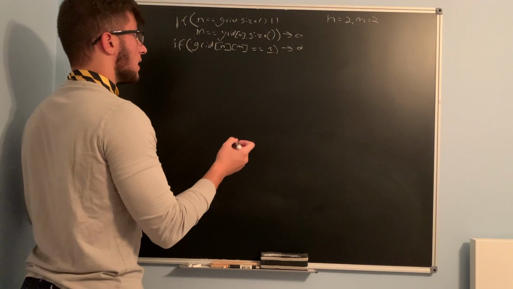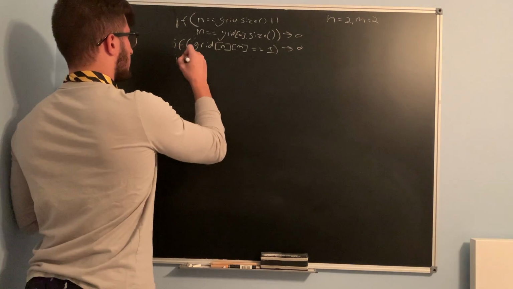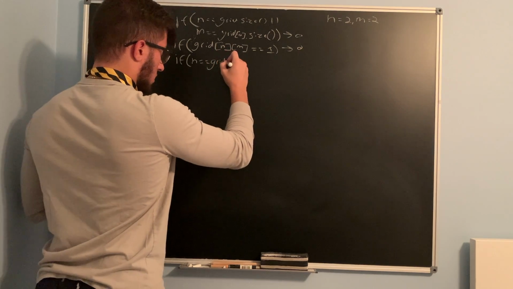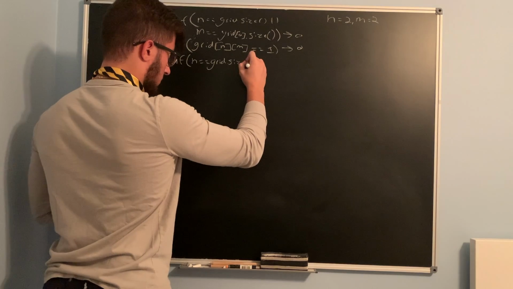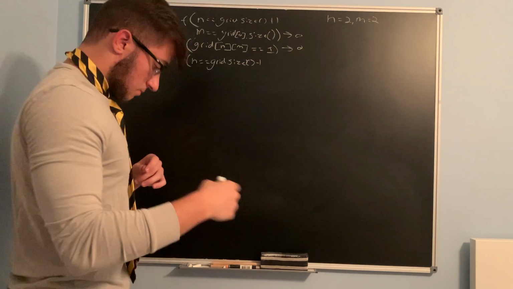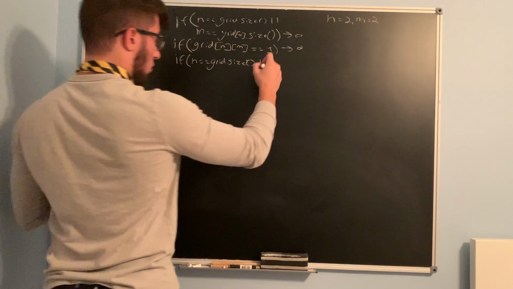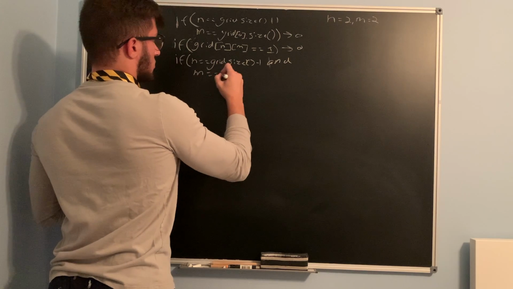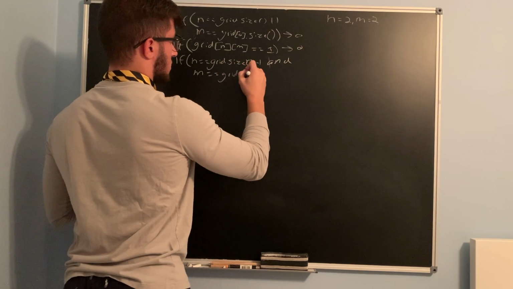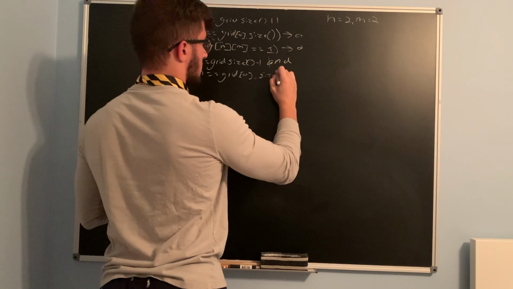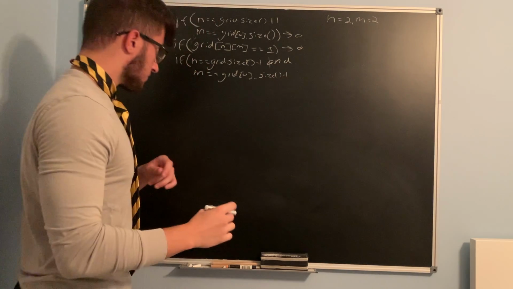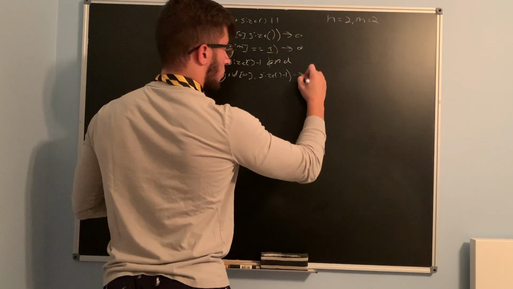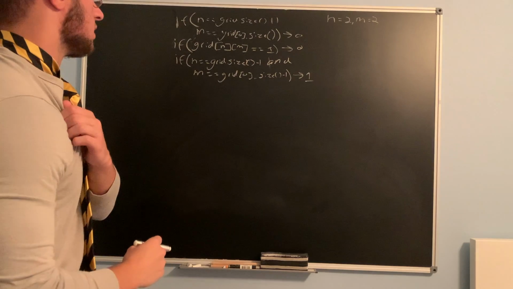But if it is a valid path, meaning we reached the end, so if n equals the grid dot size minus 1 because of indices, and m equals grid at index 0 dot size minus 1, so we reached the end of the grid, we're happy with that, and we can return a 1 as in that was a valid path that led us there.